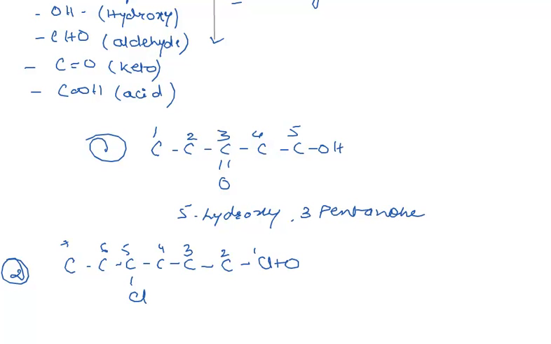What would be its name? It should be 5-chloroheptanal. So students, you don't need to number the aldehyde group. Why? Because this aldehyde group is present in the terminal position only. It's always. So you don't need to number this.